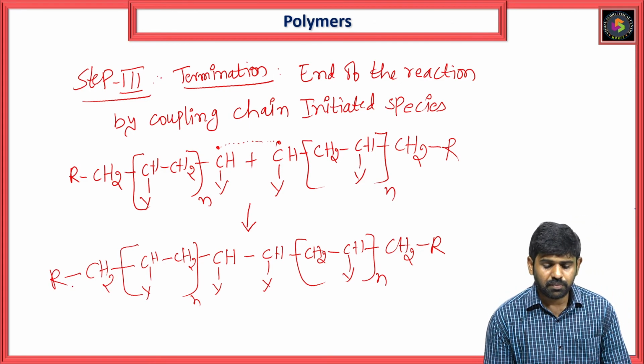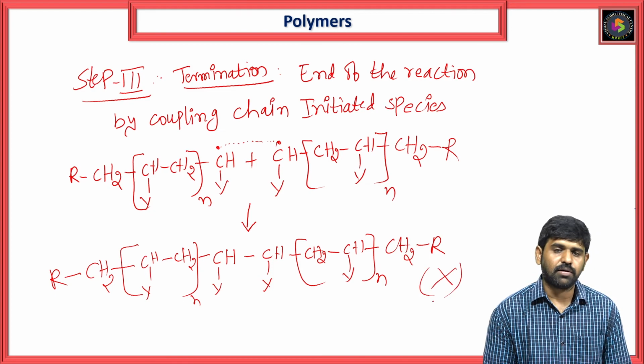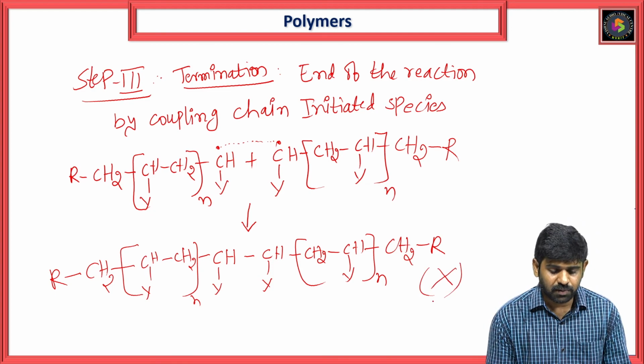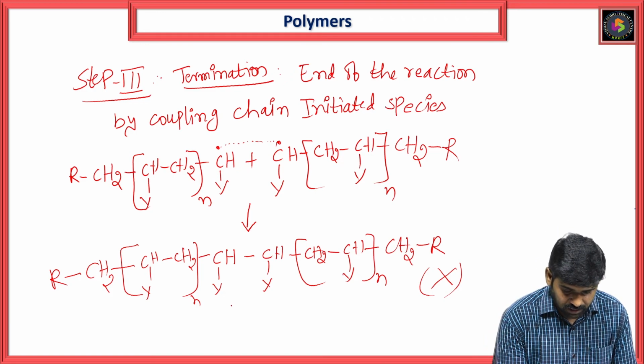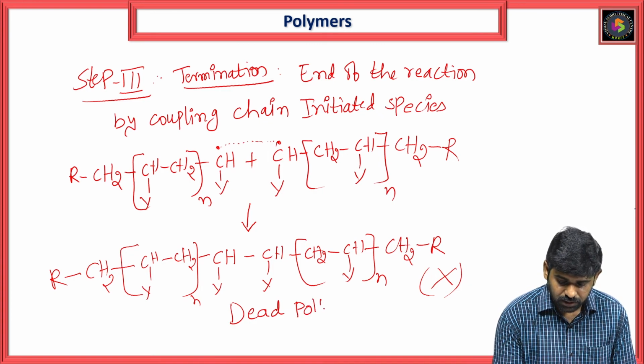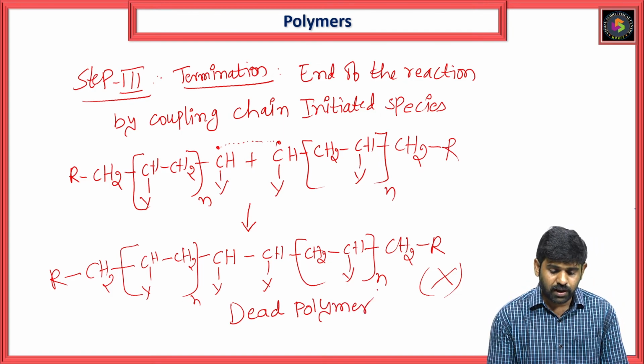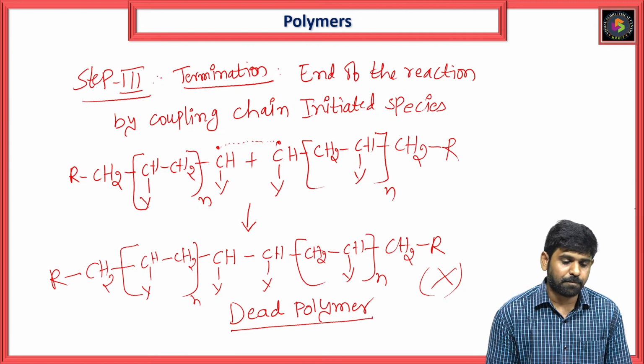See, growth of polymeric chain is finally terminated here. This type of polymer is known as dead polymer. Here you won't find any free radical molecule, right? So this type of polymer is known as dead polymer.